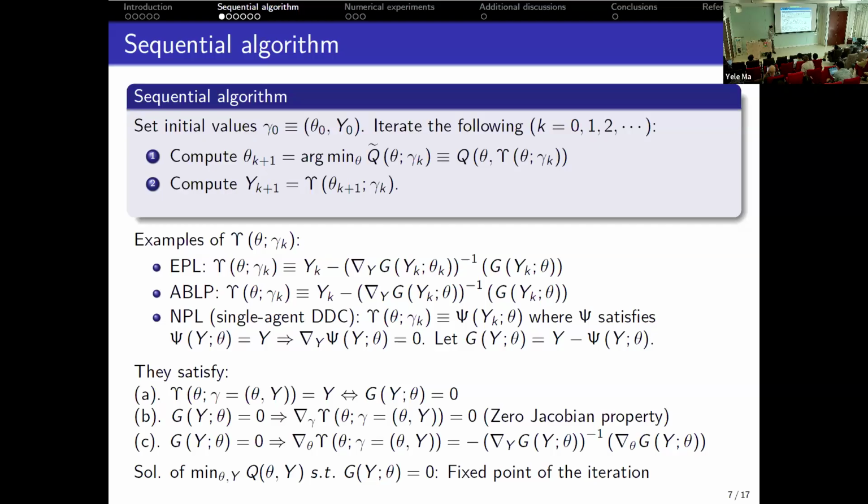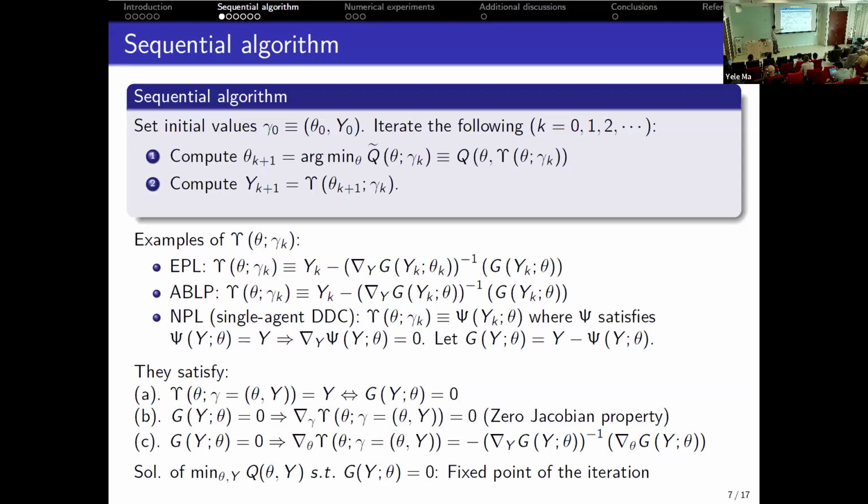Concerning these conditions, the most important one is the second one. The second one is sometimes called zero Jacobian property. And the second condition implies that if g y theta equals 0, then the derivative of epsilon with respect to gamma is equal to 0.